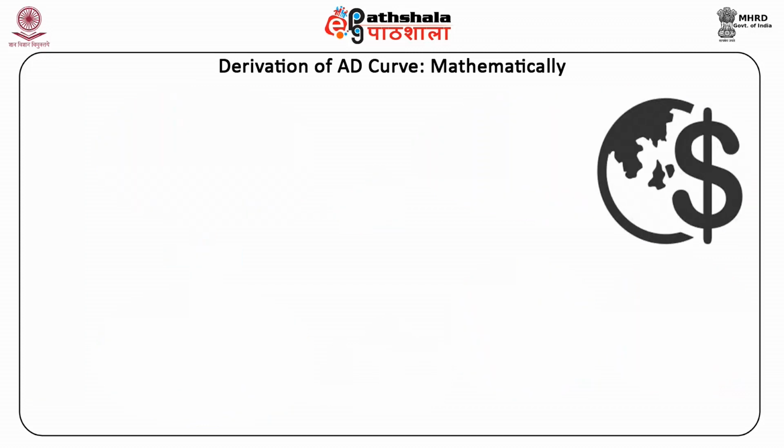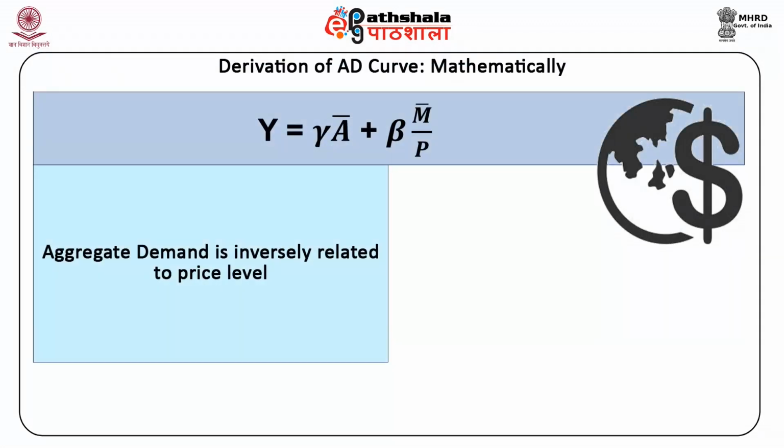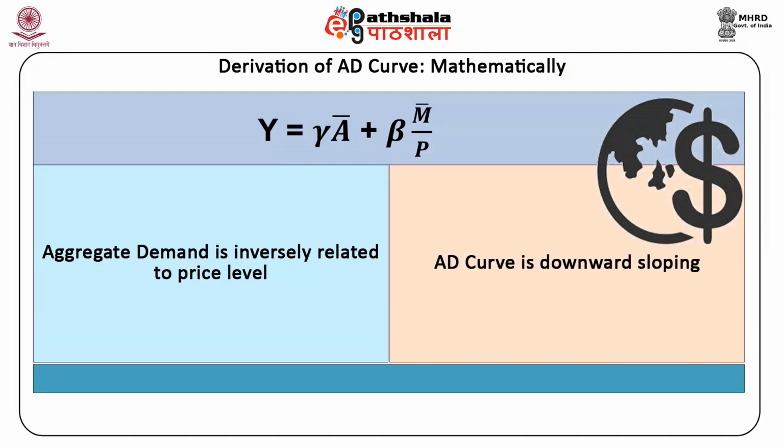Note that in the equation, aggregate demand is inversely related to the price level. Thus, the aggregate demand curve is downward sloping.